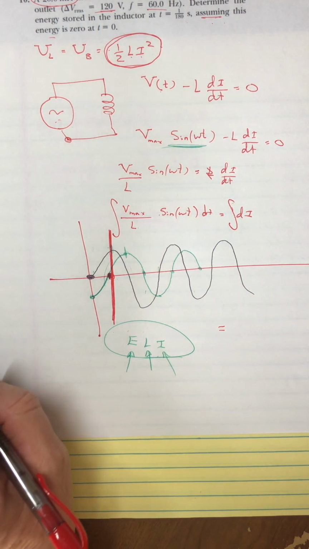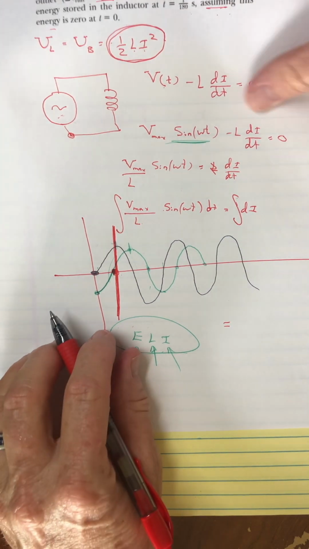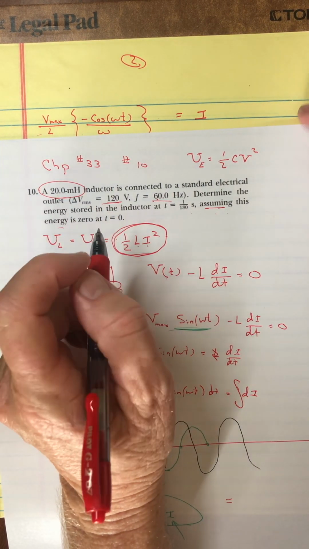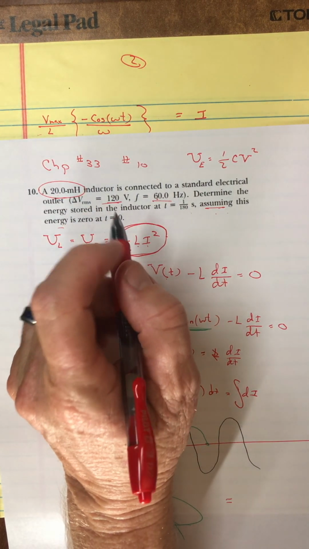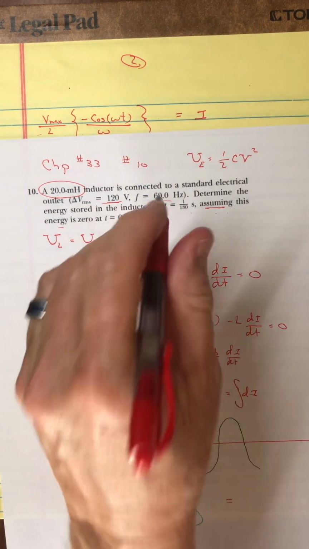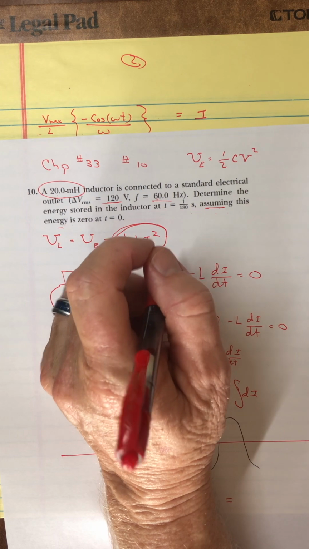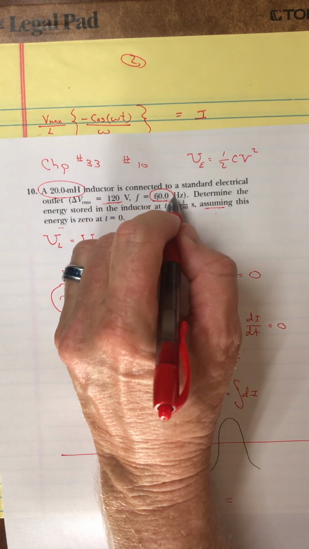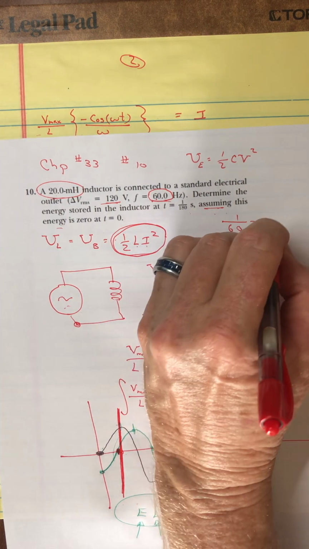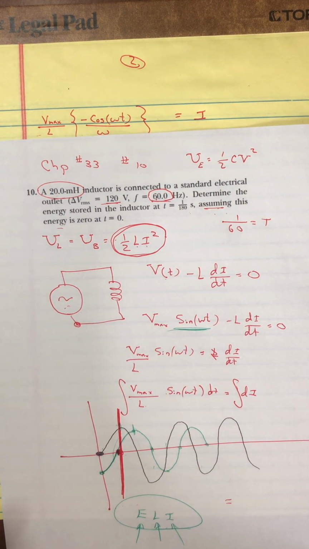So we have, I didn't say that well. 1/60th of a second would be the period.